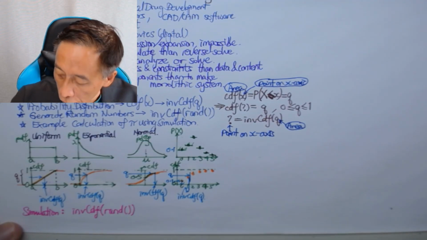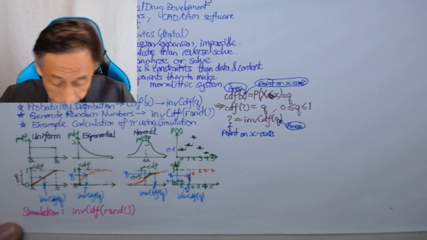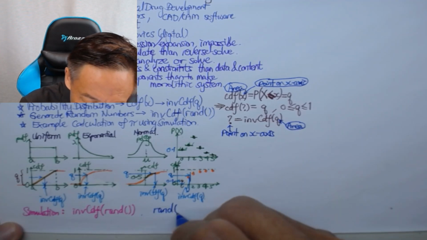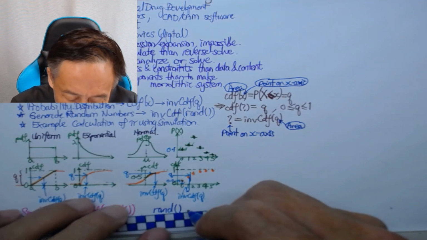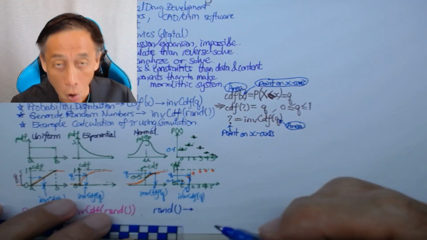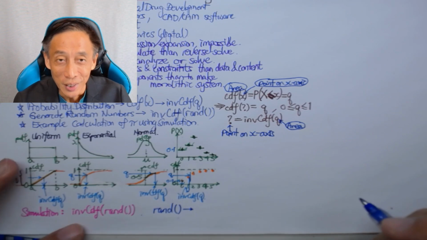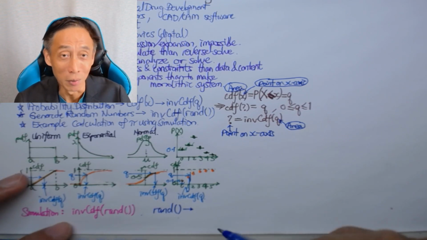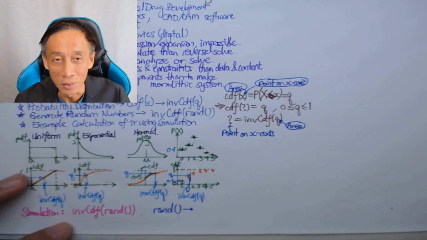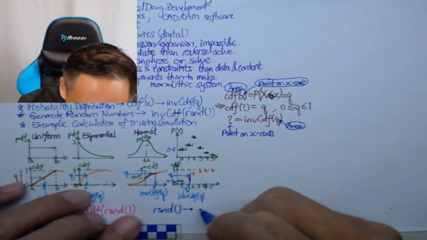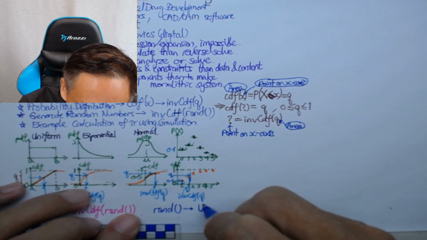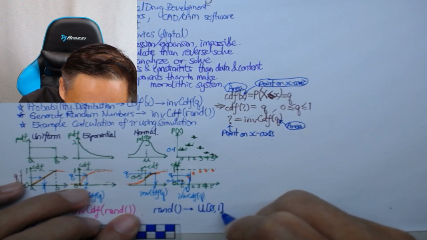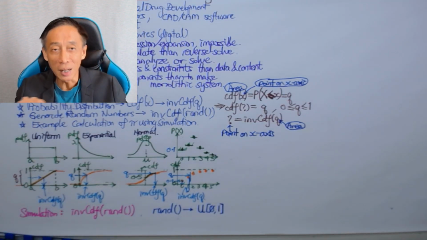The rand function, any computer, any software, any library will have this function. In Excel it's called rand, just rand itself. No parameters. You just keep calling it. It'll be a number uniformly distributed between 0 and 1, with many decimal places.